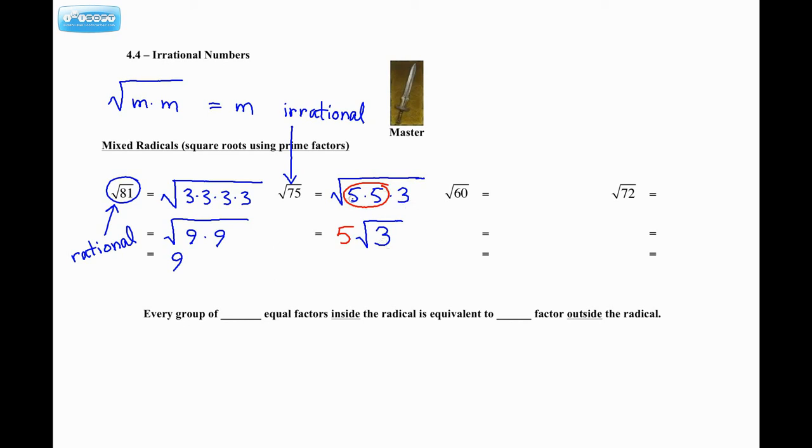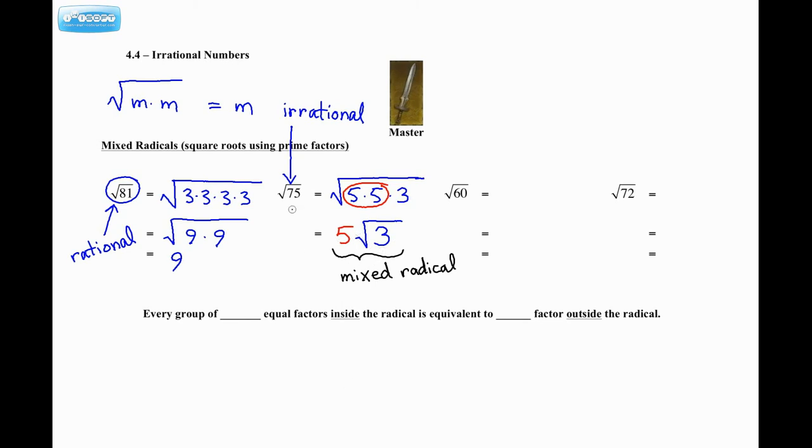I have 2 factors of 5, so it's like they jumped out and just became 1 factor of 5. This is what we call a mixed radical, because it is just that. It is a mix. This here is a radical, but this number here, 5, is not.